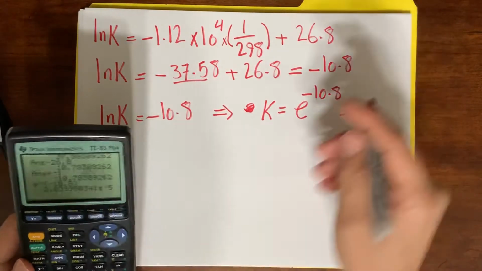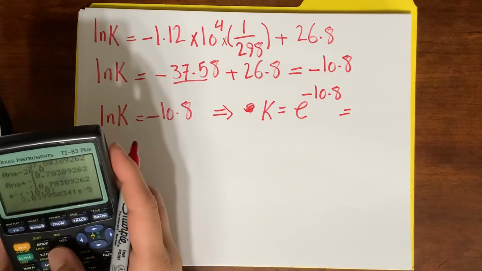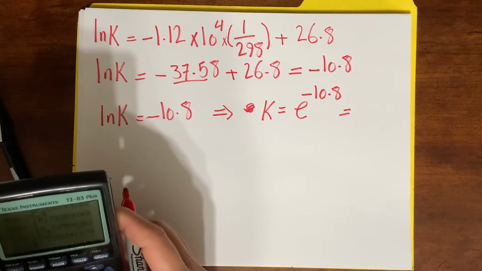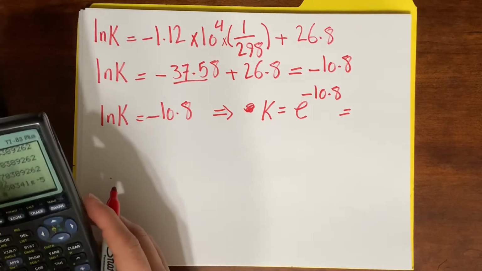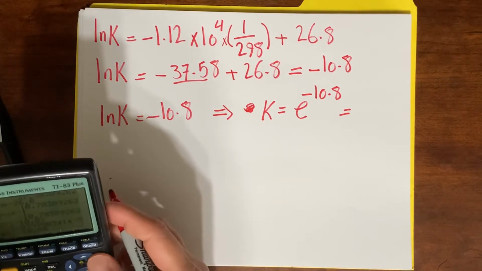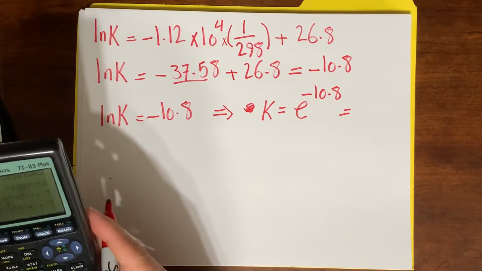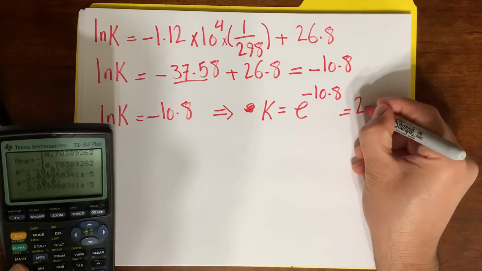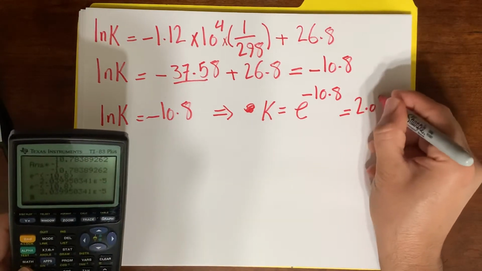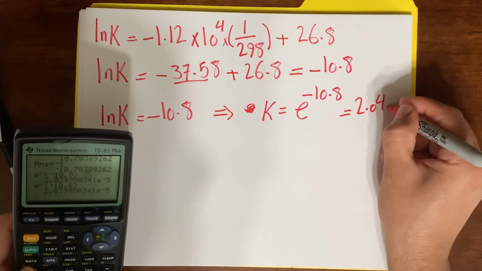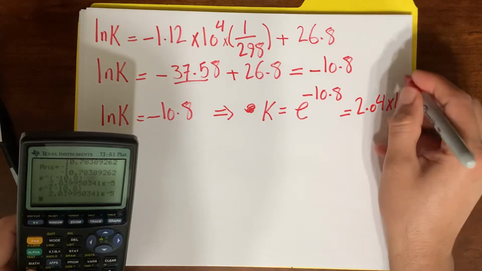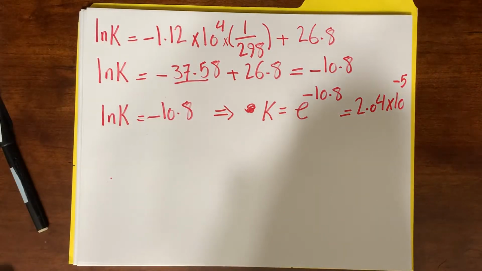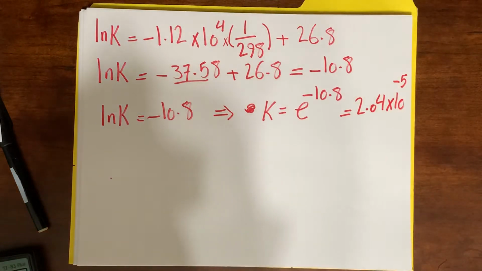Okay, so let's double check it. I go with minus 10.8, and it will be 2.04 multiplied by 10 to the power of minus 5. Okay, that's the k rate constant.